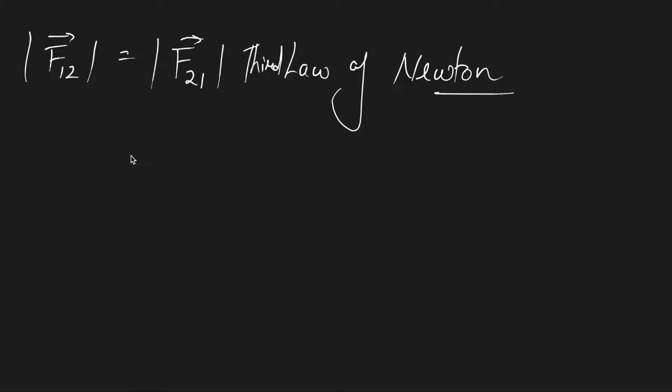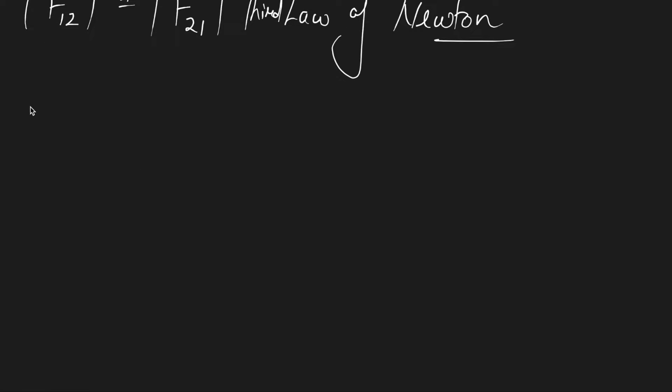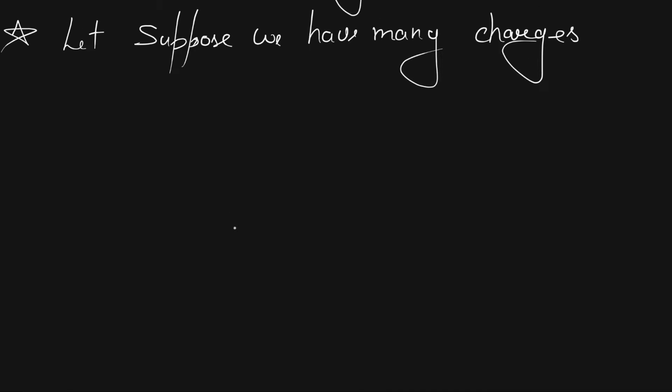From this, let's suppose we have more than two charges, many charges, and we want to find the resultant from it. For this case, let's suppose the q1 charge is at this point, q2 at this point, q3 at this point, and q4 at this point.